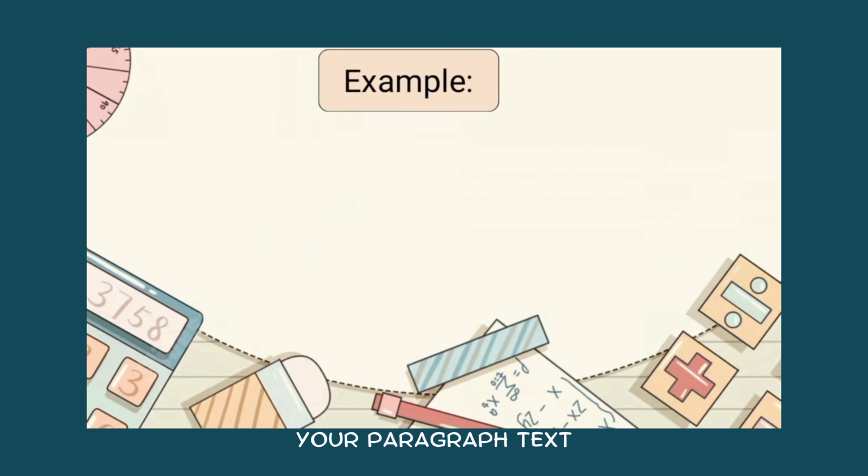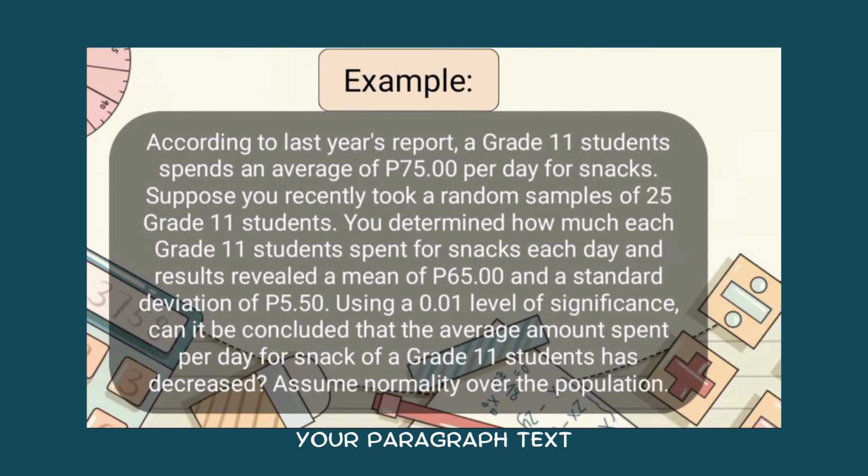So, let's have our example. According to last year's report, a grade 11 student spends an average of 75 pesos per day for snacks. Suppose you recently took a random sample of 25 grade 11 students.